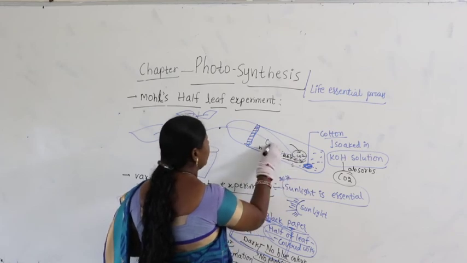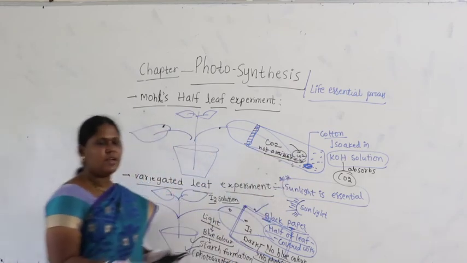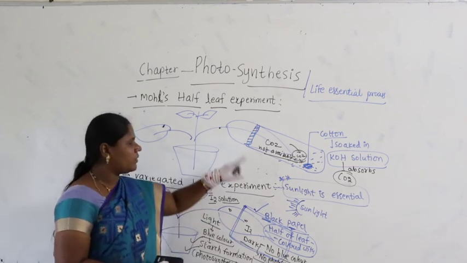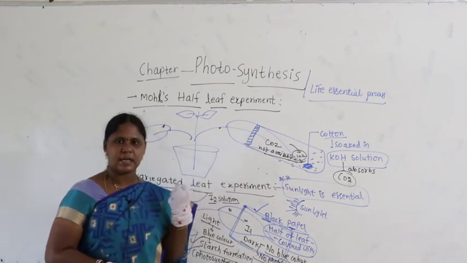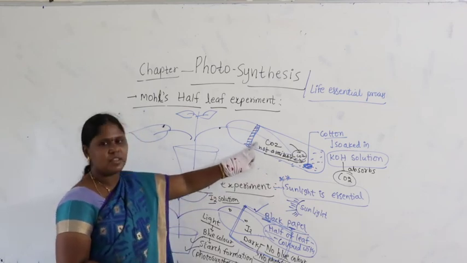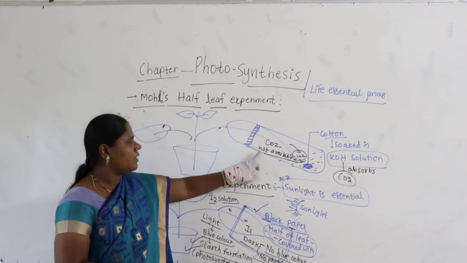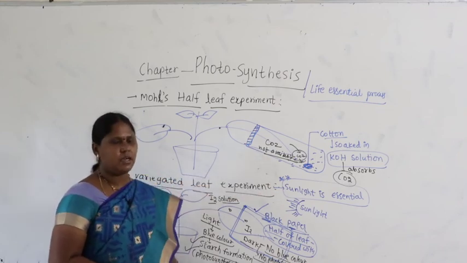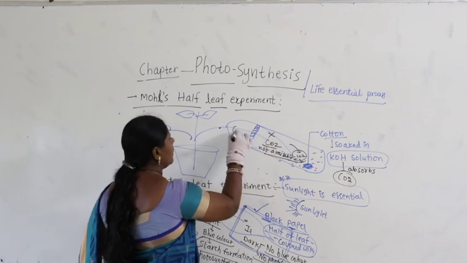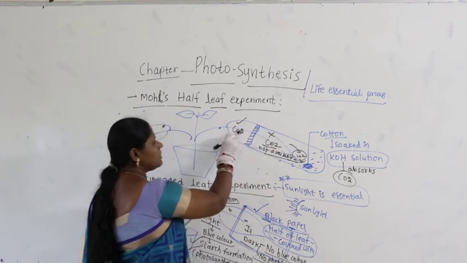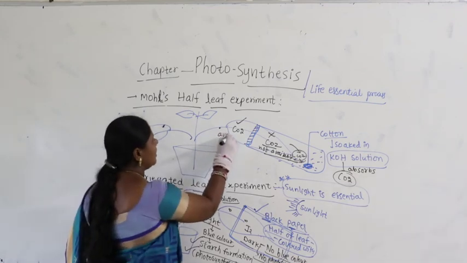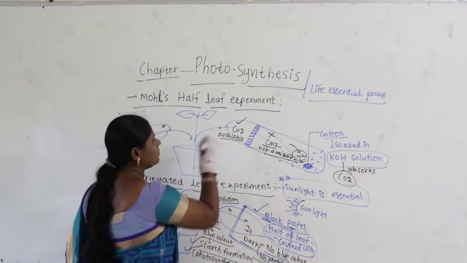Inside the jar some air is there, but from the air carbon dioxide is completely absorbed by KOH. So for the half of the leaf kept in the test tube, there is no carbon dioxide, and for the leaf which is present outside the test tube, carbon dioxide is available.